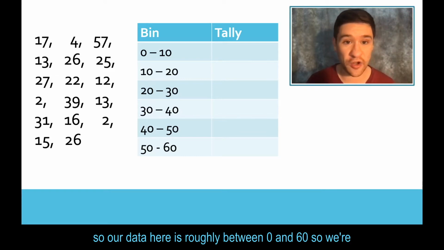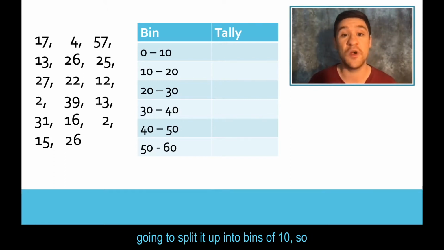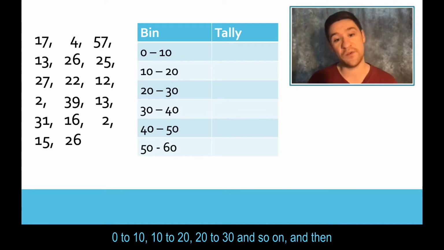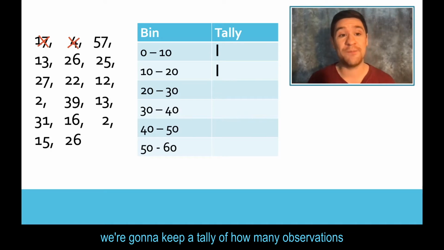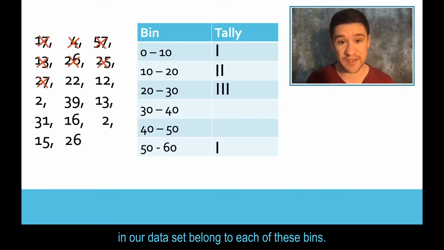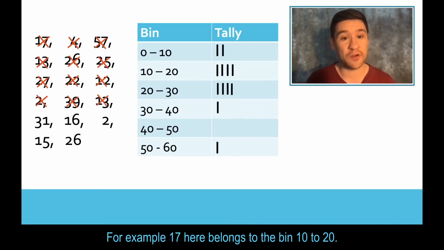Our data here is roughly between 0 and 60, so we're going to split it up into bins of 10: 0 to 10, 10 to 20, 20 to 30 and so on. And then we are going to keep a tally of how many observations in our data set belong to each of these bins. For example, 17 here belongs to the bin 10 to 20.